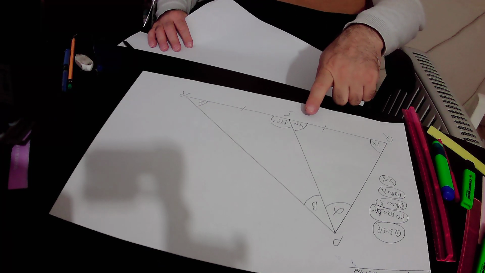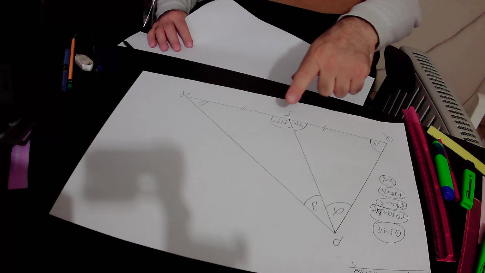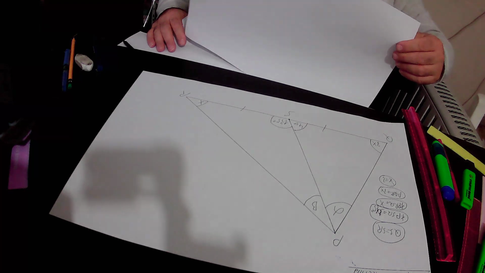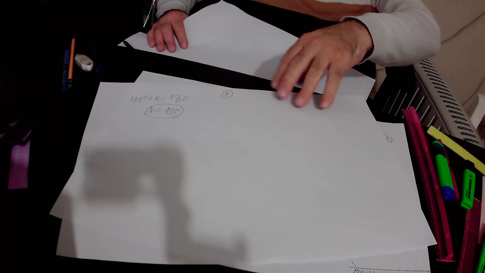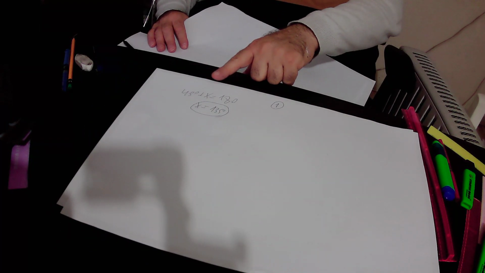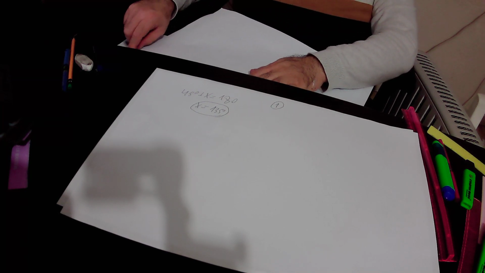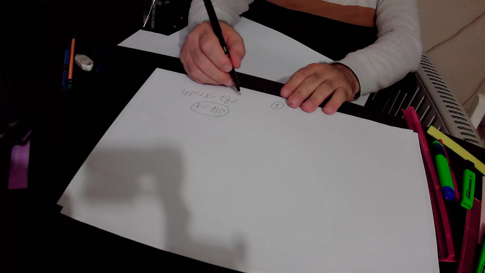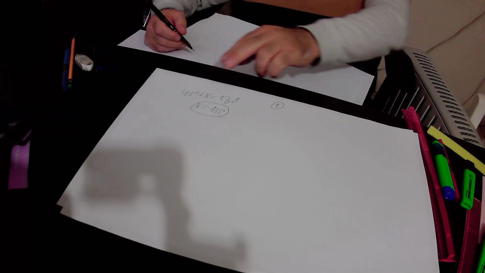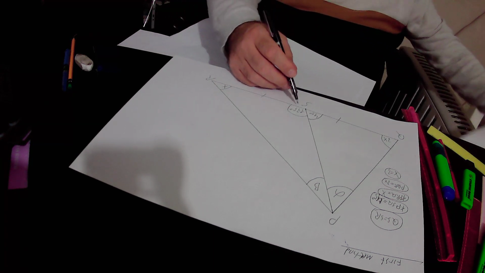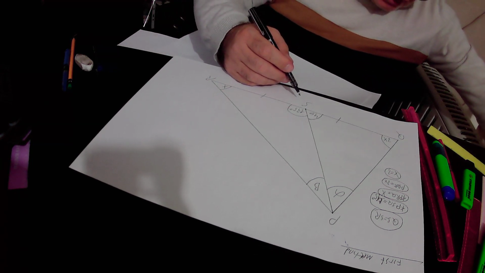So this angle is 45 degrees, plus this angle, that is angle x, must equal 180 degrees, according to the rule that I mentioned. That is to say, 45 degrees plus x equals 180 degrees. We subtracted 45 degrees from this equation, and we got that angle x equals 135 degrees, so this angle equals 135 degrees.